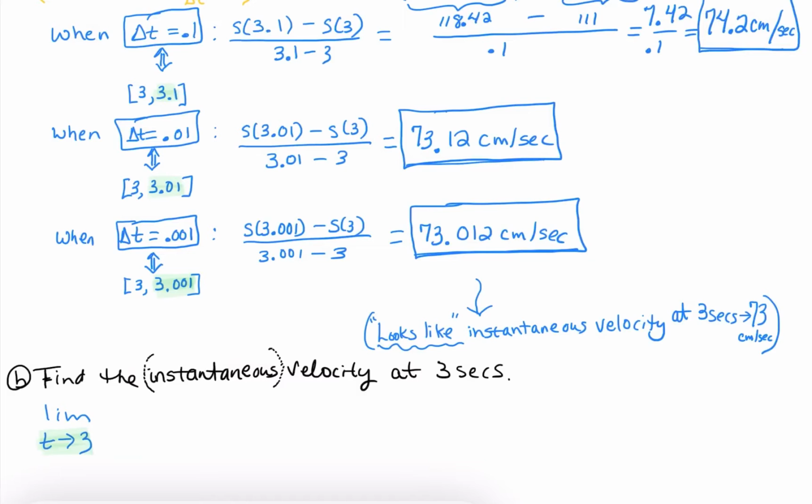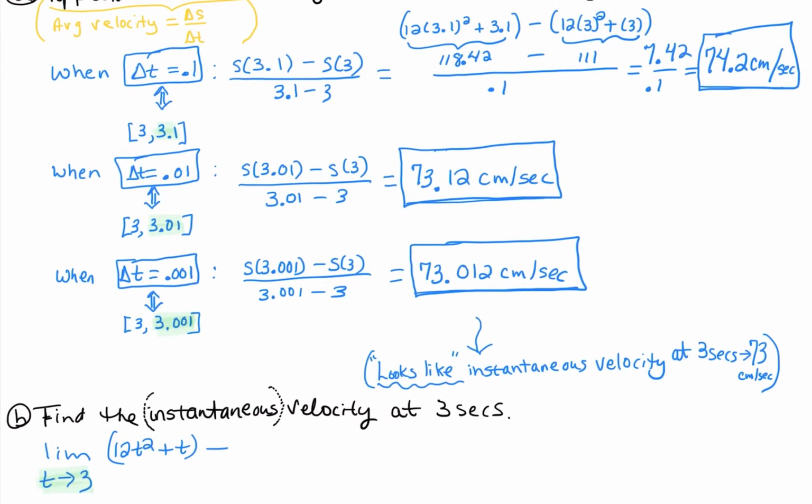Just like yesterday, whatever, this is the same day in my world, and probably in yours too. In the last video, I meant to say, it was the s of t function. So that original function in this case is 12t squared plus t minus S of 3. Well, we computed S of 3 up above already, and we saw that that was 111.